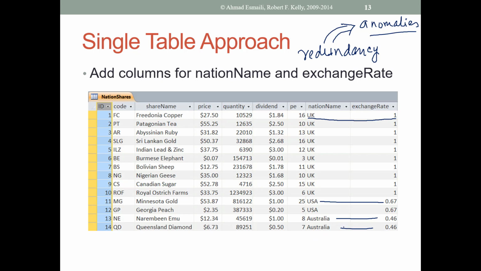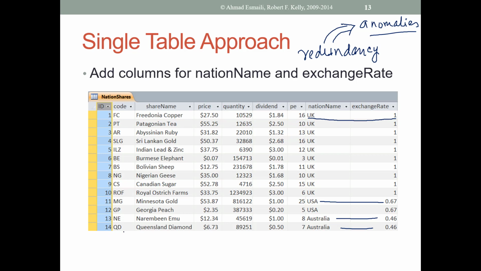Think about a scenario where you want to insert some country's information, but that country does not have any share listed. It seems it is not possible, because probably ID or code is your primary key, and if you do not have any share in that country, the primary key cannot be null. You cannot have a primary key as null.